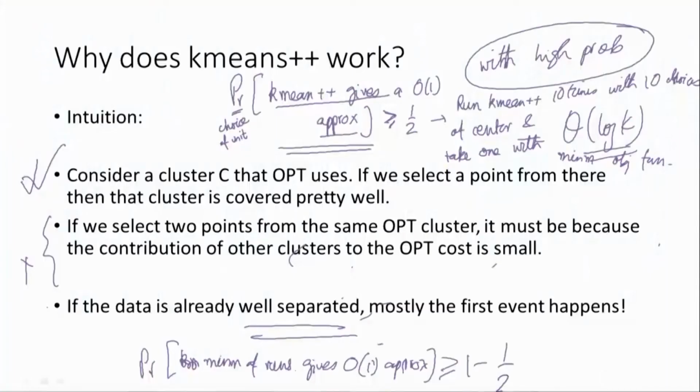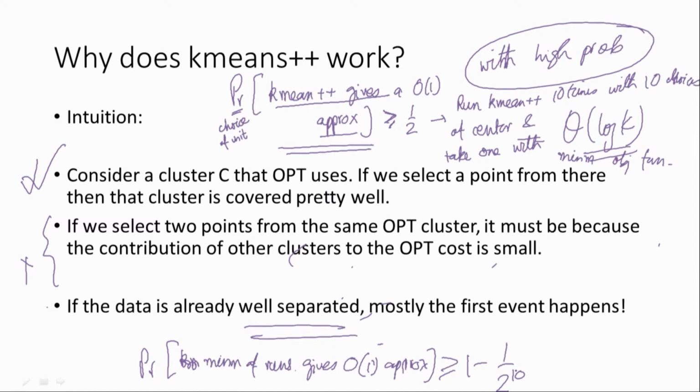What is the probability I'll get an order 1 approximation? It is the same as the probability that there'll be at least one head. 1 minus 1 by 2 to the 10. Right? Because the probability that in all the 10 runs, k-means plus plus performs really badly, is at most half times half times half, 10 times, 1 over 2 to the 10.